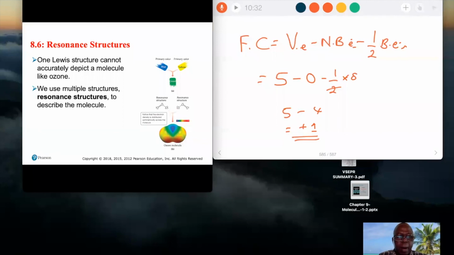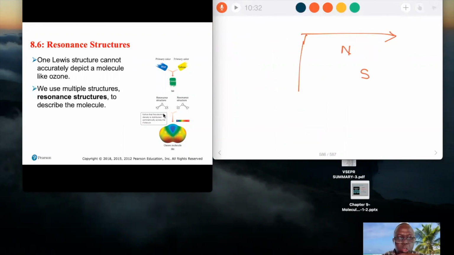Resonance structures are structures of the same molecule having different positions of either a double bond or a triple bond. Here is ozone. A double bond can be on this side, a double bond can be on this side. We use a double arrow to indicate resonance structure.